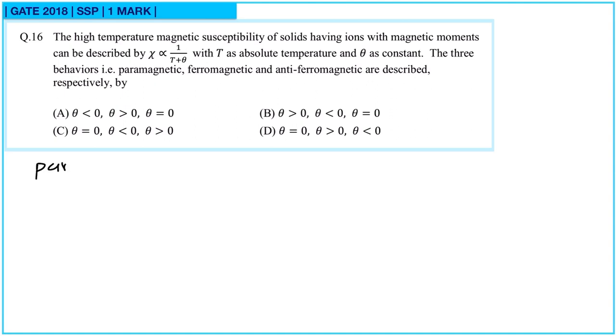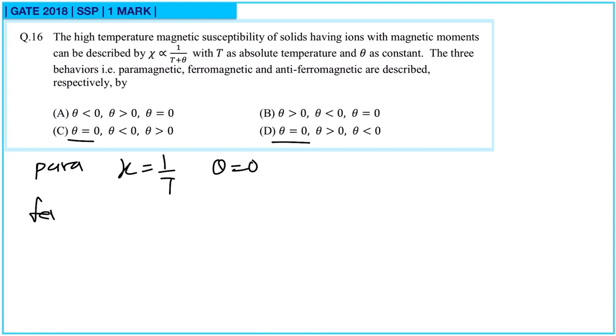Now for paramagnetic material, chi is equal to 1 by T. So this theta for paramagnetic will be 0. So here theta is equal to 0.